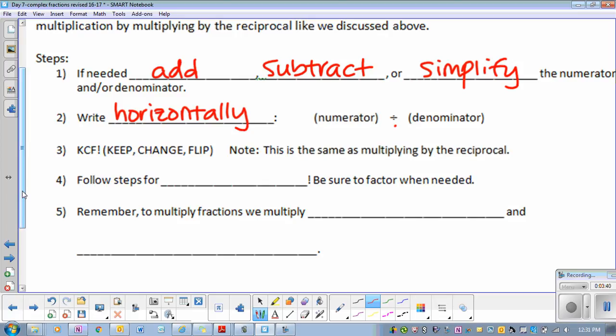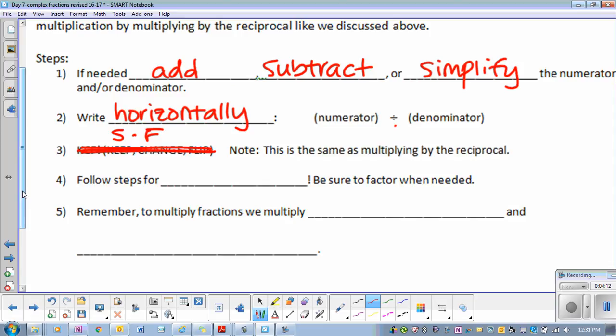So they use keep, change, flip. And you know what? We've actually talked about this. We talked about this as S times F, right? Same times flip. Anytime we see a division sign, we change it to same times flipped. You keep your first fraction the same, change the division sign to a times, and then you flip the second fraction.